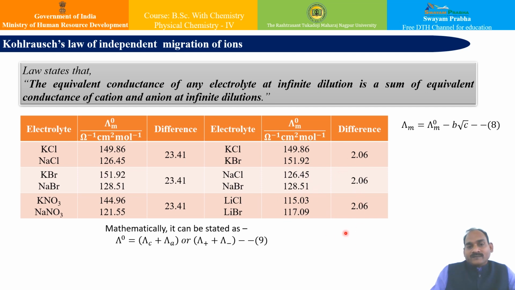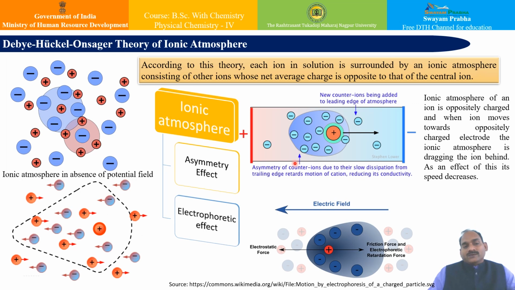Now, one of the very important concepts in the field of conductance is the theory of Debye-Huckel-Onsager, a theory of ionic atmosphere wherein the ion atmosphere has been studied in detail.